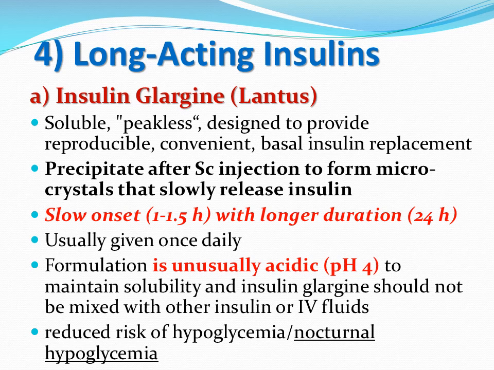Long-acting insulins include insulin glargine, which is a soluble and peakless insulin, usually providing reproducible and convenient basal insulin replacement. It has a long duration of action, giving a steady concentration of insulin during the day.